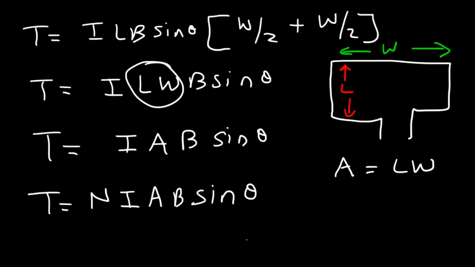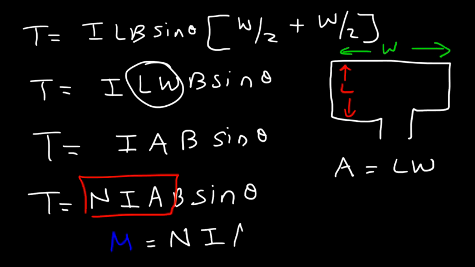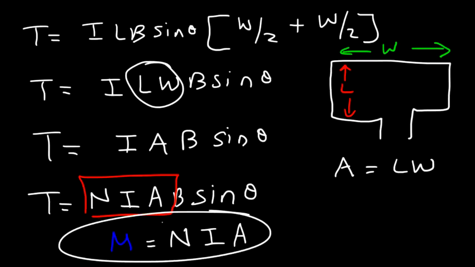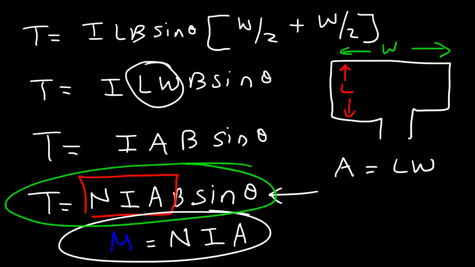By the way, the quantity NIA is known as the magnetic dipole moment, represented by capital M. So it's equal to the number of loops times the current times the area. That's the magnetic dipole moment. But this is the equation that we need to calculate the torque. It's NIAB sine theta. Now let's say if this is the face of the loop.